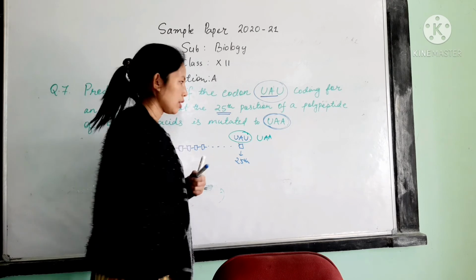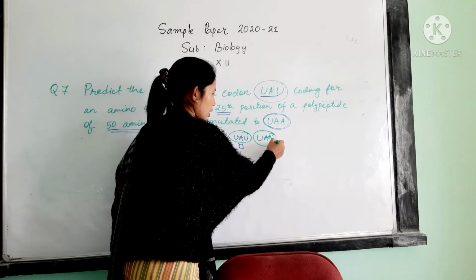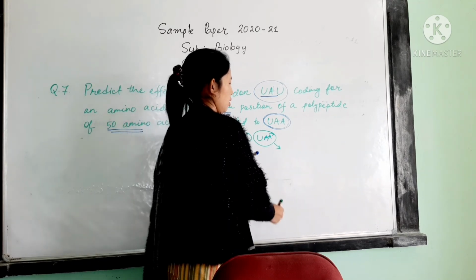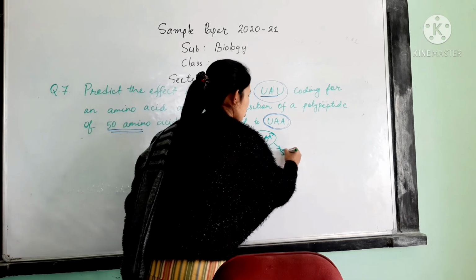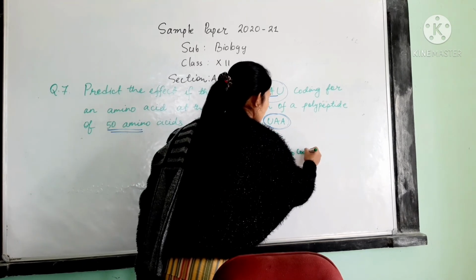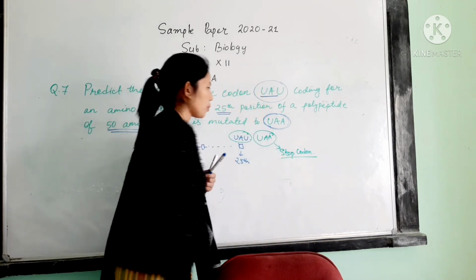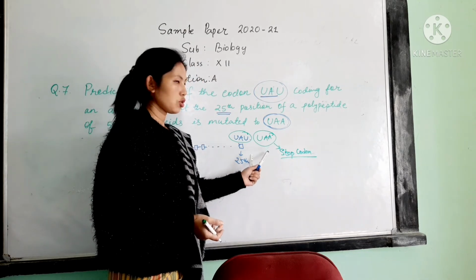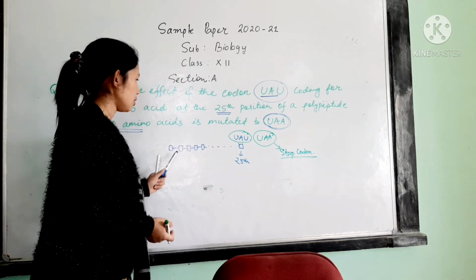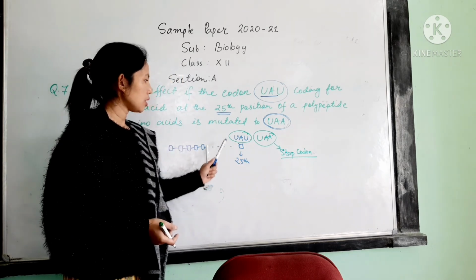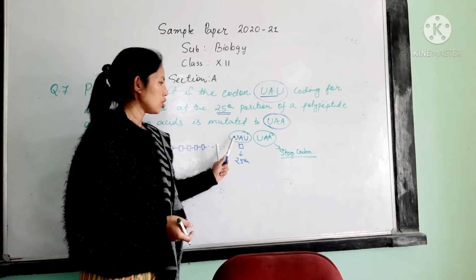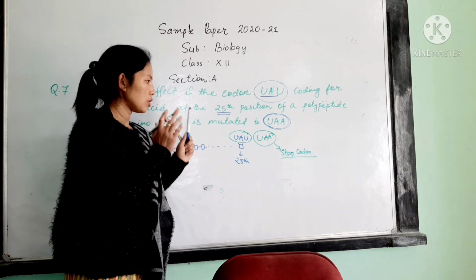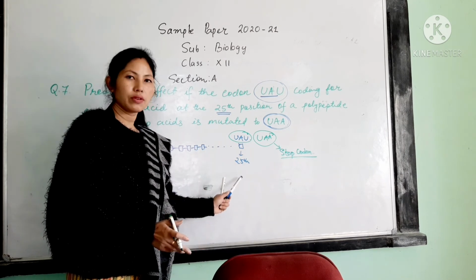We know that UAA is a stop codon. Right? There is no tRNA for the stop codon. As a result, the mRNA will stop translating at its 25th position.